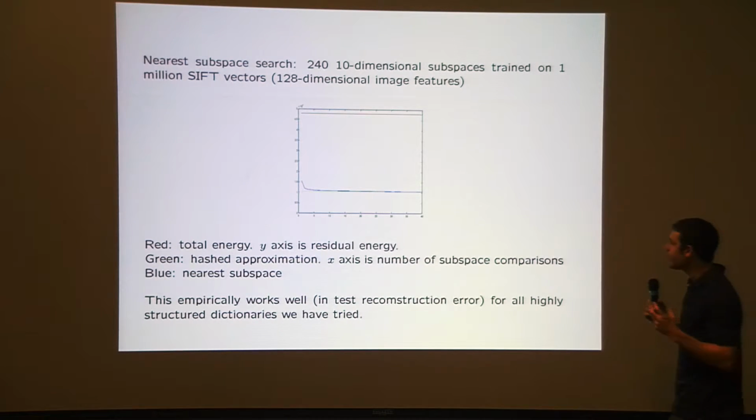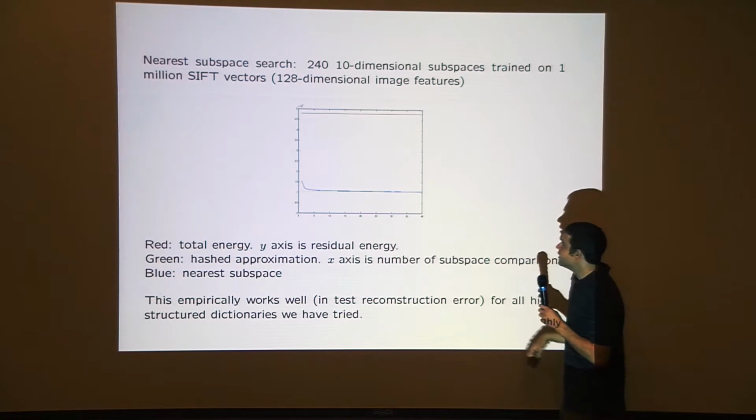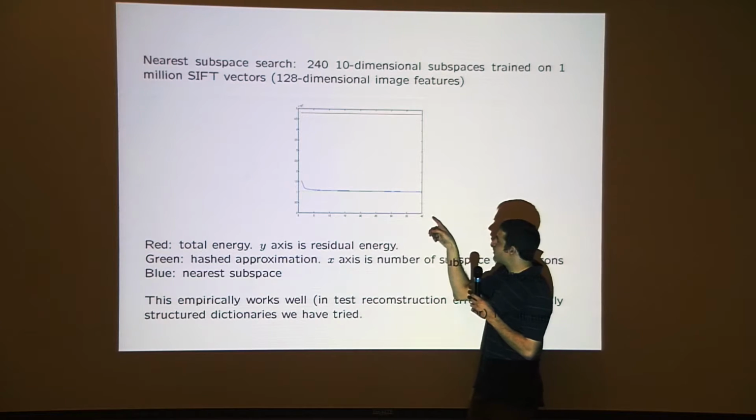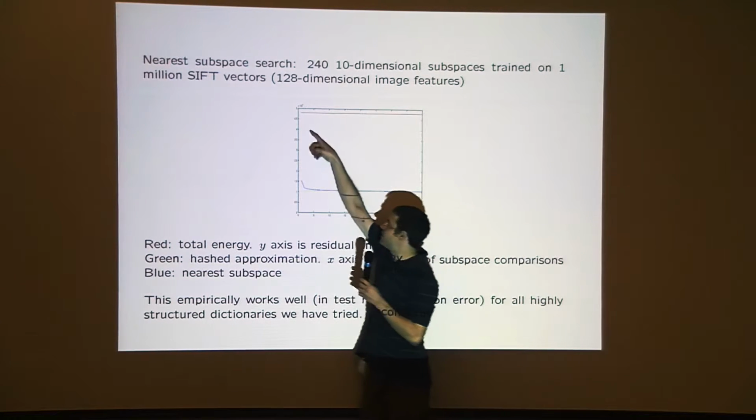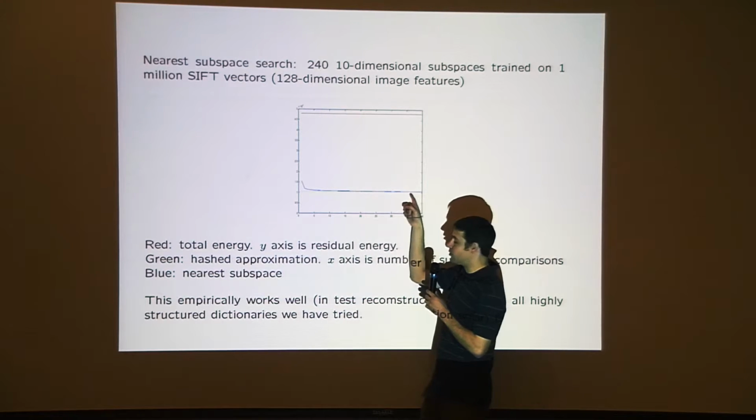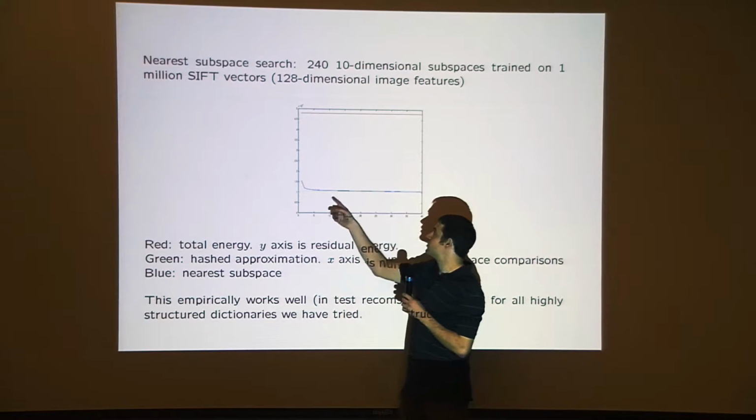And what you find is, this axis here is the number of comparisons you have to make. This axis here is the residual energy. The green is when you find the best possible subspace. This is the exhaustive search.